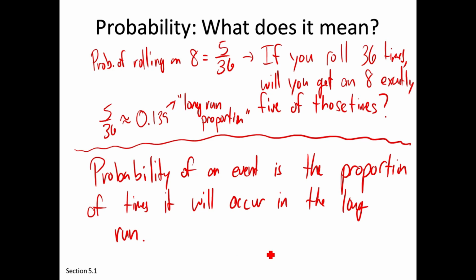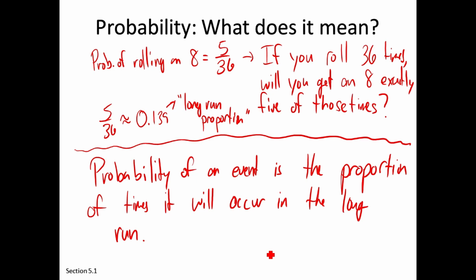That's what probability means. It's not really talking about what's going to happen in the immediate future. It's telling us what happens in the long run. Now, it can inform our decisions, though, because it does tell us whether it's really likely or unlikely to happen on the next shot.